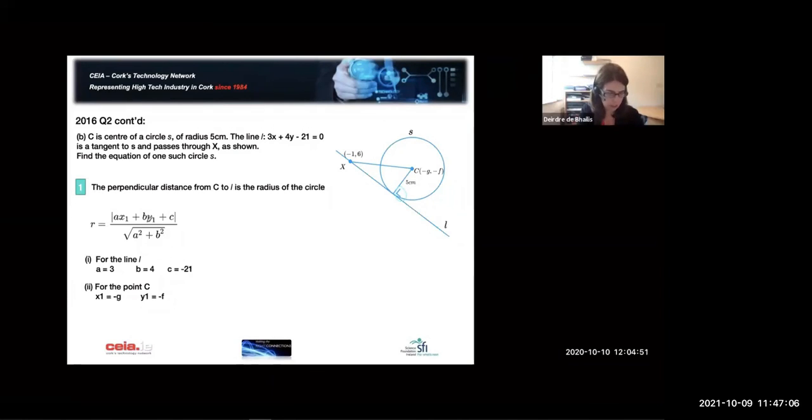So I'm going to give you a little bit of a chance to take these parameters and pop them into this equation here. Just for practice, because it's better for you than it is for me.